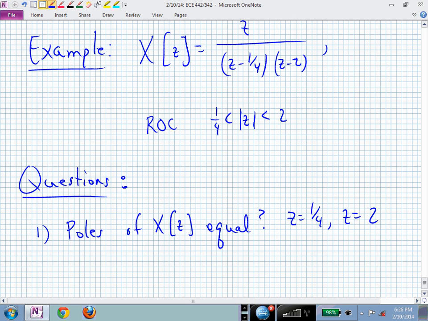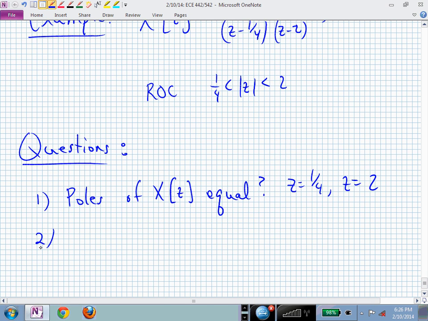Those are the finite values of z that cause that transform to explode, or the denominator to equal 0.